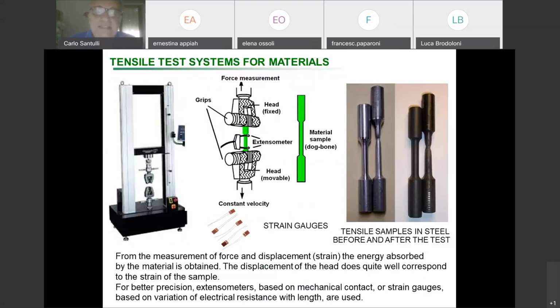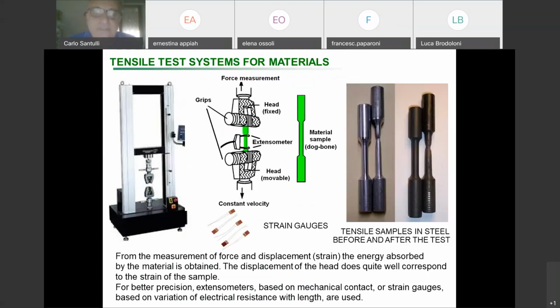let's come back a little bit to what a tensile test system is. Basically, we understood that there are grips. Grips hold your sample in a firm way.